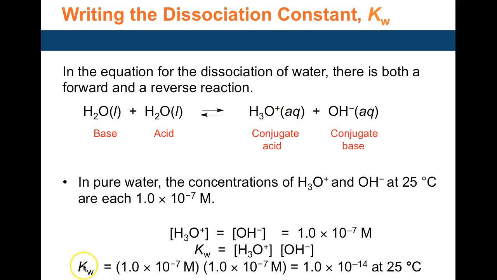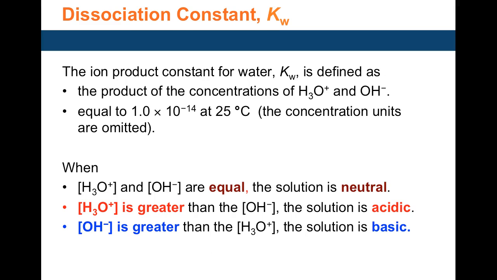Okay, now this is a constant. That number will never change, because it is an equilibrium constant. So Kw is always going to be 1 times 10 power negative 14 for water. Again, you're not using any kind of molarity or concentration units, you're just using the numeric value. So if both are equal, then water is neutral.